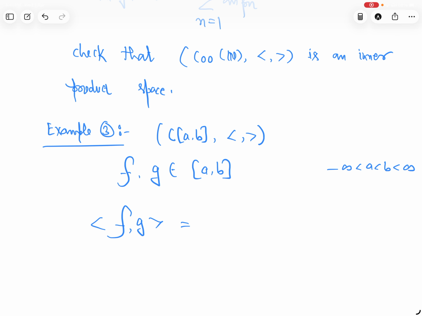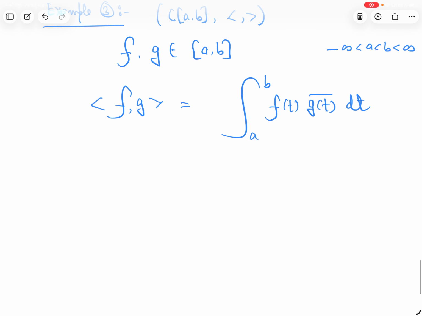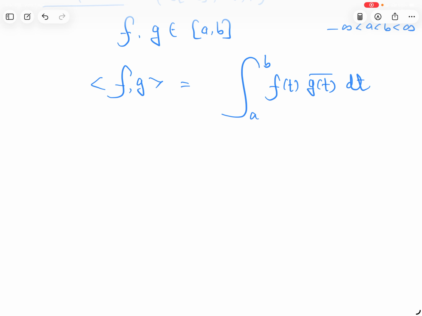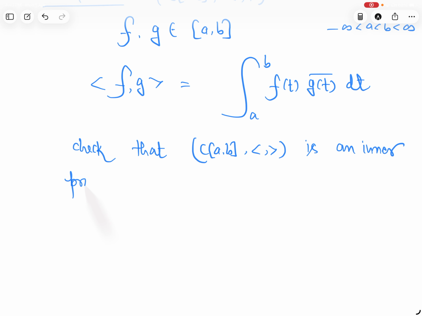The way is the integral from a to b of f(t) times g(t) bar dt. You can check that C[a, b] with this is an inner product space.